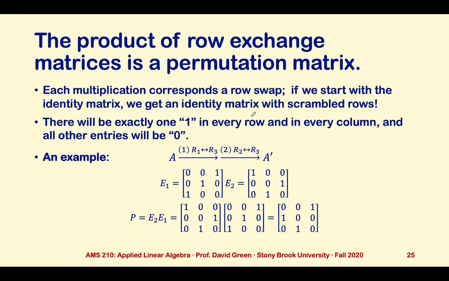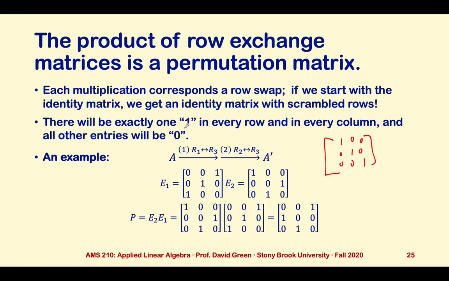Well, the identity matrix, just to be clear, has exactly one 1 in every row, and it has exactly one 1 in every column. When we start swapping around rows, we still have to keep a single 1 in each row because we're not adding or subtracting any rows, so that structure has to be the same.